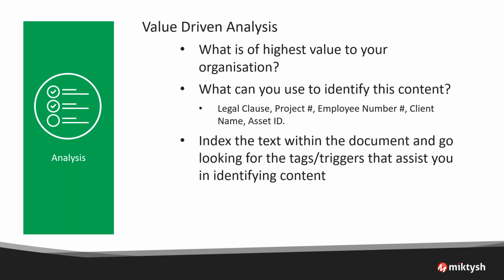So as an example, we might create a column or a metadata position against each piece of content for project number. We read that document, we go looking for a set series of project numbers that you've provided, and then tag that content with the appropriate project number when we find it.